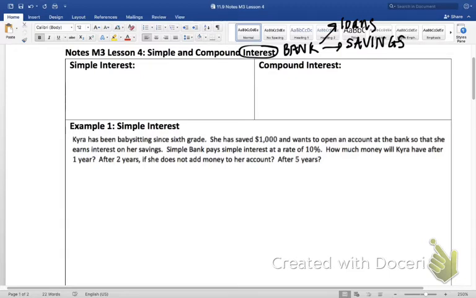Now, there are two ways that interest can be calculated, two different models. One is called simple interest, and one is called compound interest.